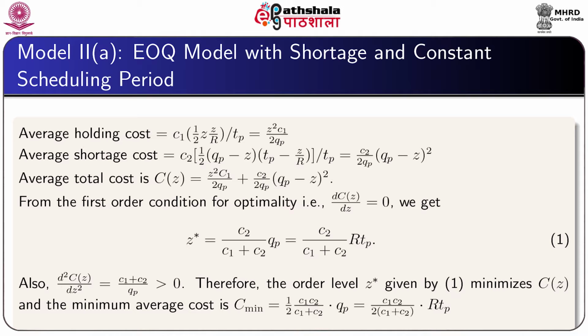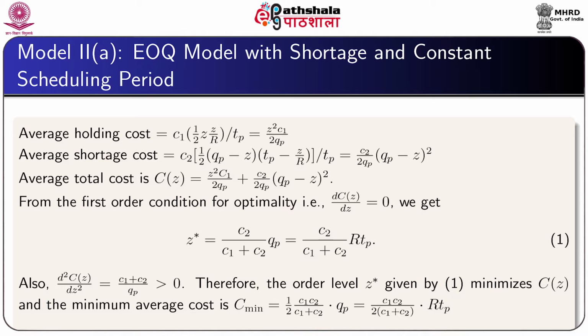For the first order condition, that is, dC/dZ equal to 0, we get the optimum order level Z star equal to C2 by (C1 plus C2) into Qp. Since Qp equals R Tp, Z star equals C2 by (C1 plus C2) into R Tp. Also, we have checked that d2C/dZ2 is equal to (C1 plus C2) by Qp, which is greater than 0.